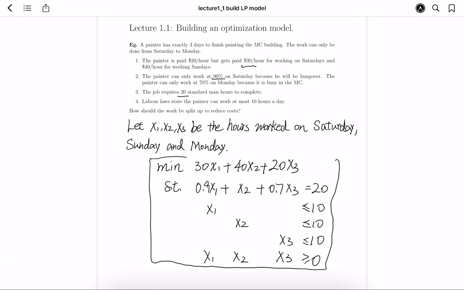Since all the functions involved in this optimization model are linear, we call this model a linear program. The modeling power of linear programs is extremely powerful. Many real-life problems can be solved by solving a linear program. In the optimization community, there are two kinds of researchers.